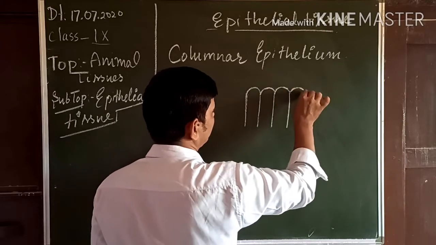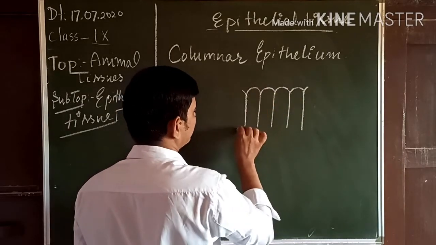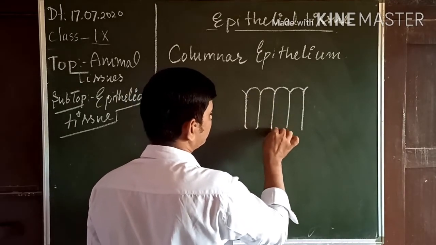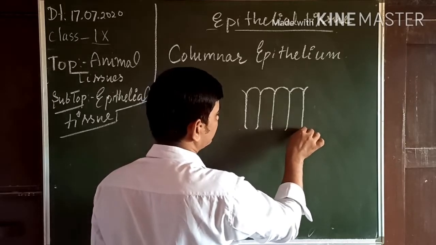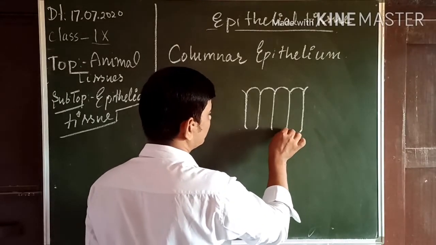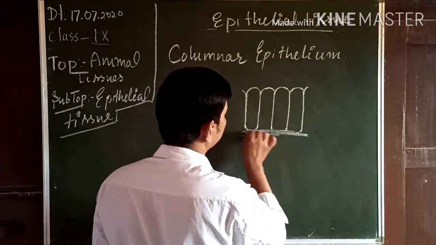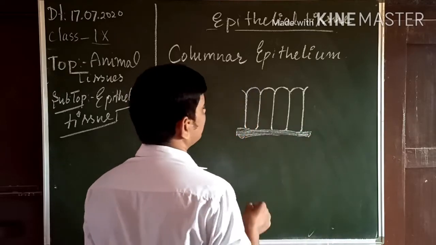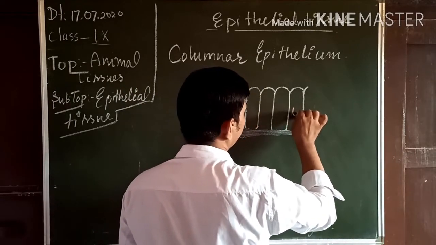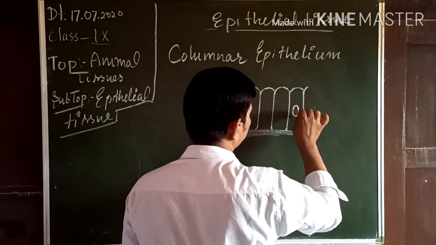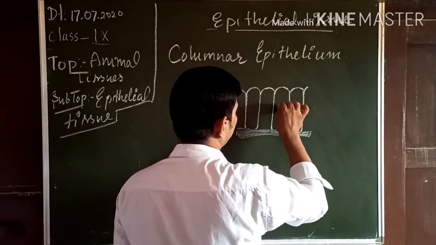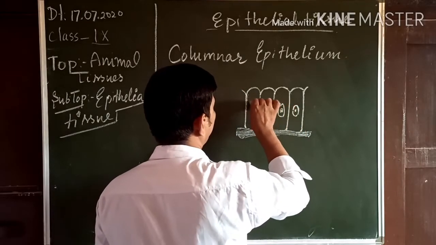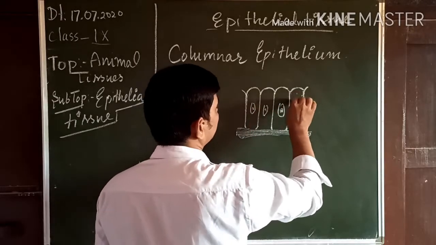And this will be the basement membrane, a non-cellular structure, as I said previously. The nucleus is elongated along the longitudinal axis.